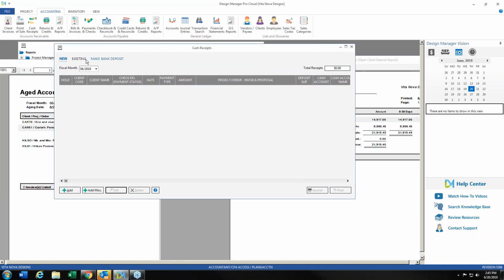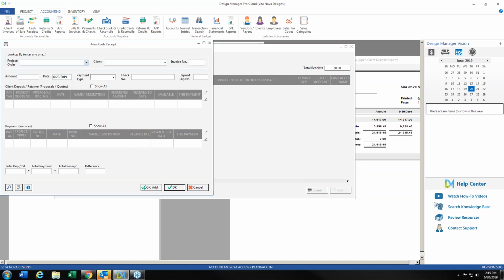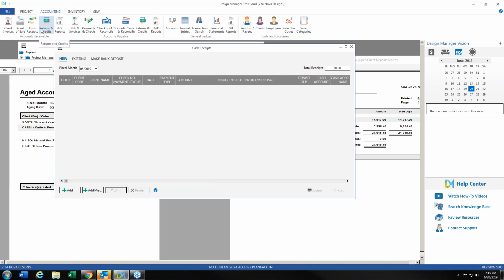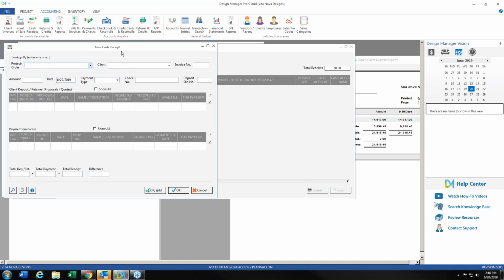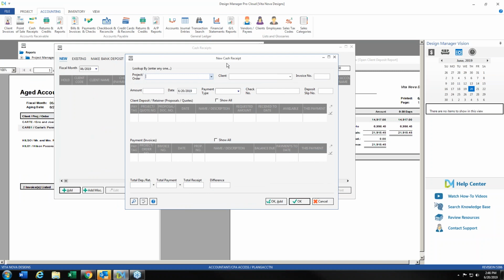Let's see if I can see. Okay, so I always will, if you go under cash receipts, let me see. This is a test thing, so I don't know how much information is going to be in here, but we can take a look. So let's just say this Carter project here, we saw something in aged accounts receivable, we saw something in open client deposit.